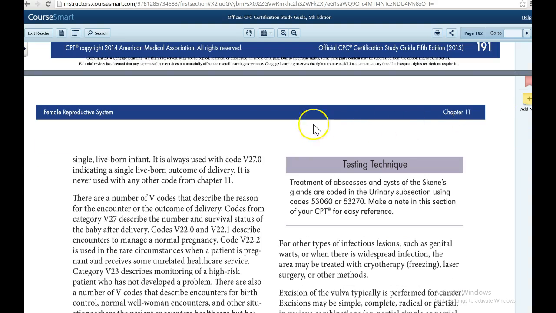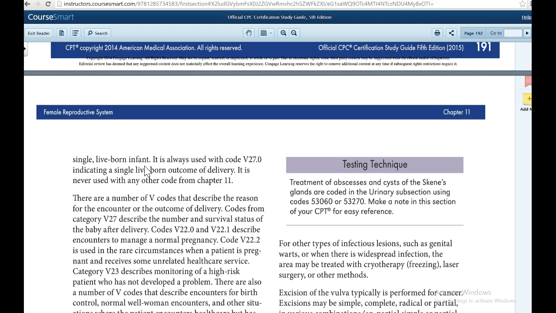Oh, you all remember a normal healthy pregnancy code is code 650. 650 can only be coded with a normal pregnancy, a single live birth baby. So that would be V27.0. We can code 650 and V27.0 together.